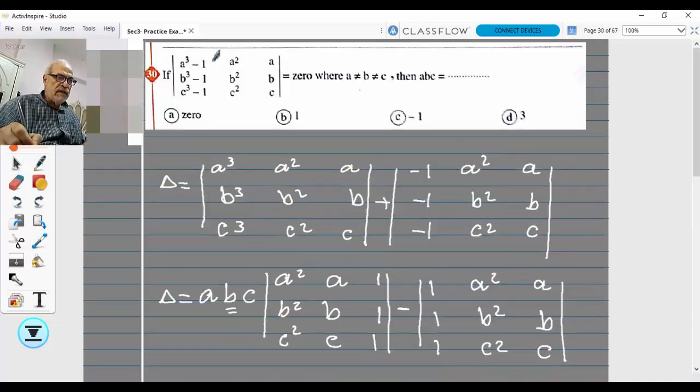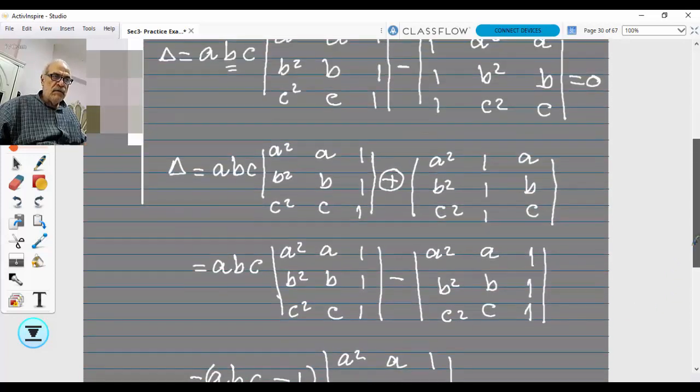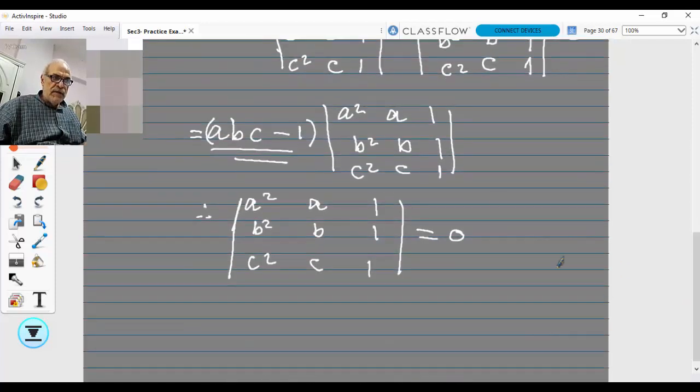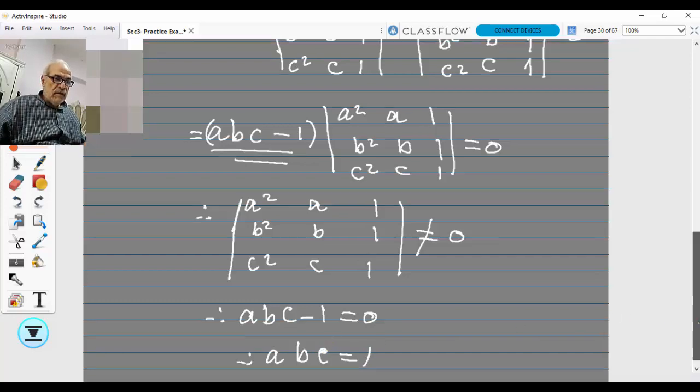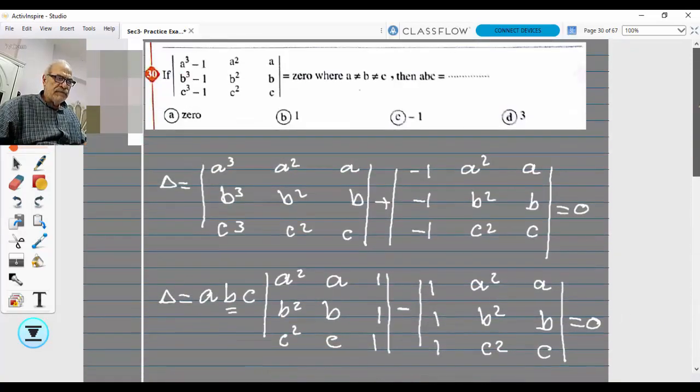From the beginning the determinant equals 0, so in all steps it equals 0, but this determinant is not equal 0. So ABC minus 1 equals 0. It means ABC equals 1.